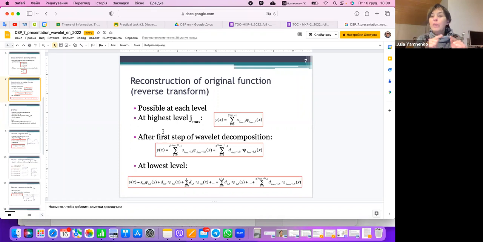But if we apply wavelet transform and make some levels of decomposition, then at each level we will obtain a more and more smoothed version of the initial signal. And maybe this smoothed version will be more suitable for the analysis and maybe for the prediction of how the function will behave in the future.